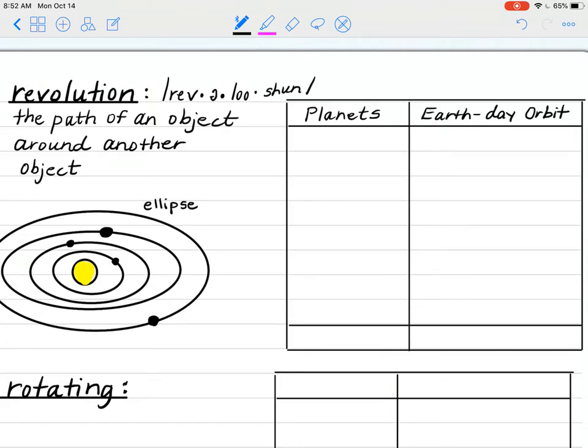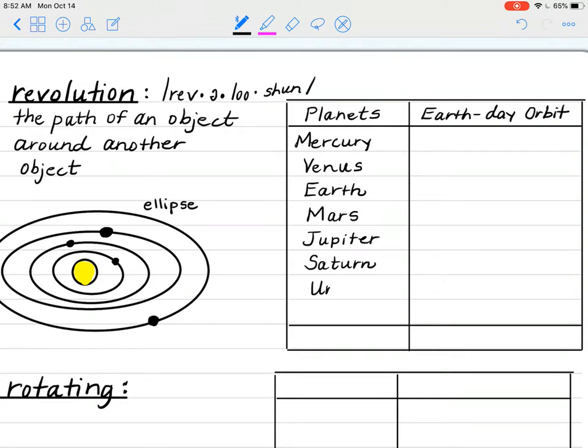The first planet next to the sun is Mercury. Then we have Venus, Earth, Mars, Jupiter, Saturn, Uranus, Neptune, and scientists have now decided that Pluto is no longer a planet.